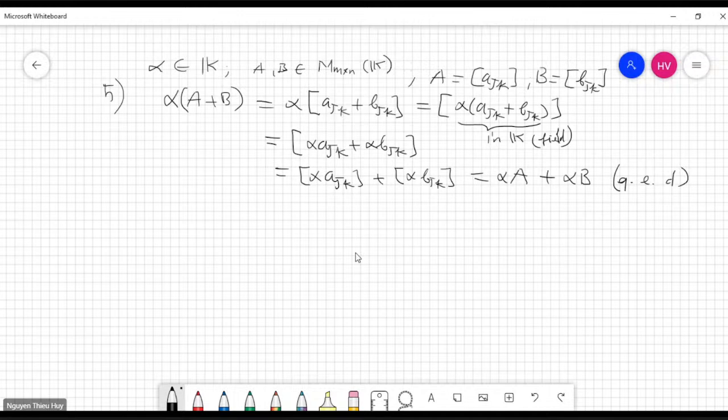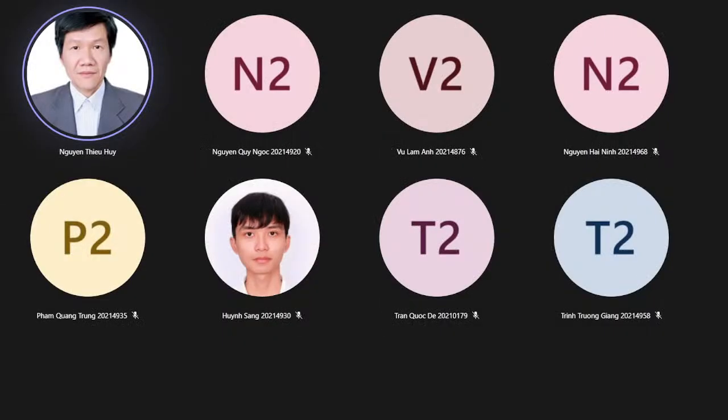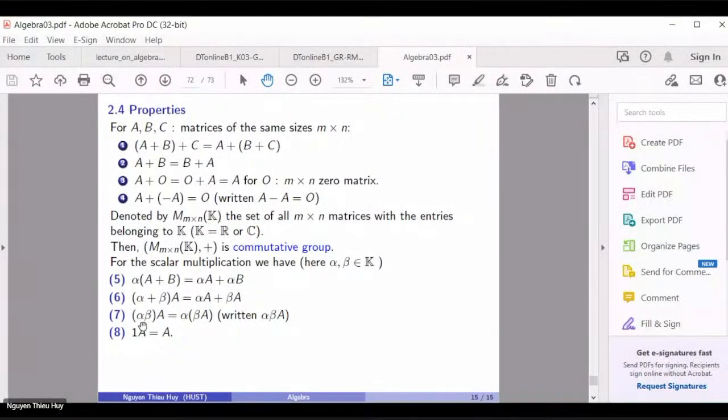Now we are returning to the slide, and I show you some more properties. The other properties can be proved easily in the same way. Here I have two more properties related to transposition that I listed so that it's convenient for you when you are working with exercises.